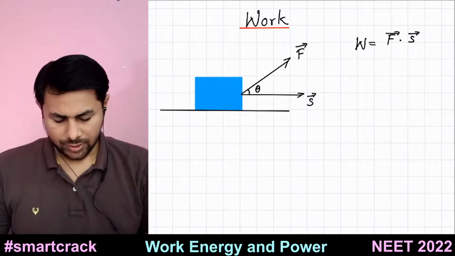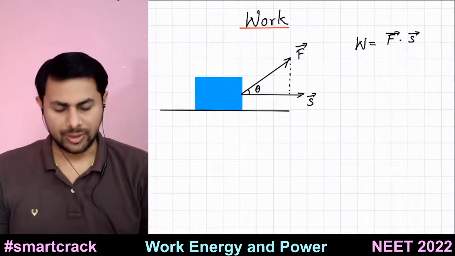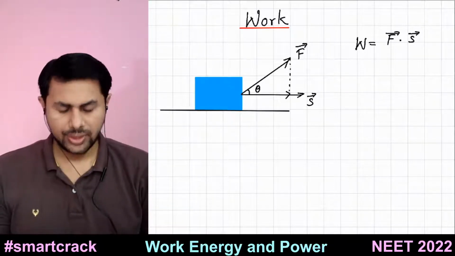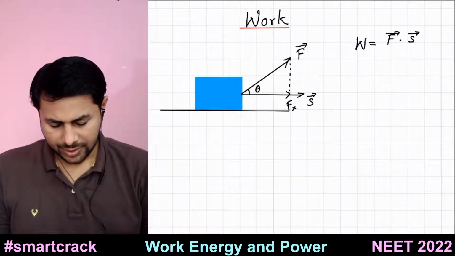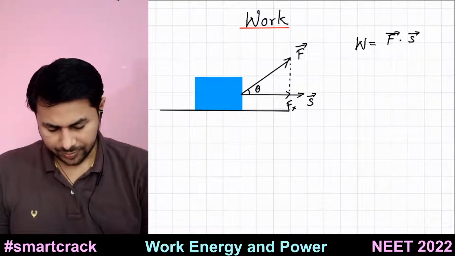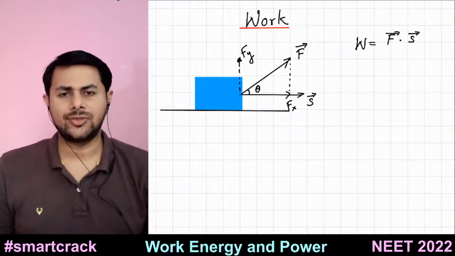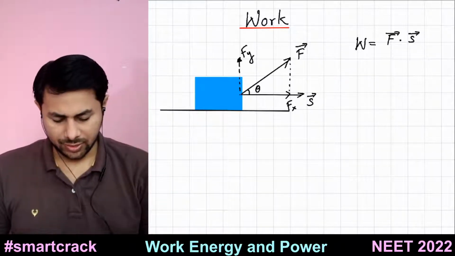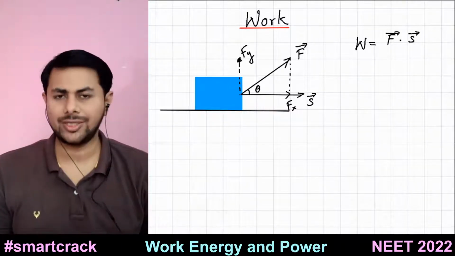Now if I resolve this force along two perpendicular components, there will be one horizontal component, let's call it fx, and one vertical component, let's call it fy. So which of these two components is doing the work? Clearly there is no displacement along the vertical direction, there is only displacement along the horizontal direction.